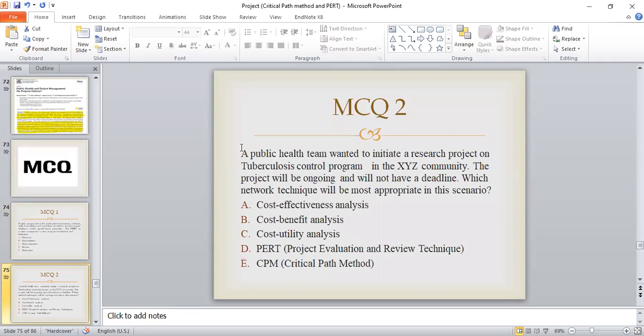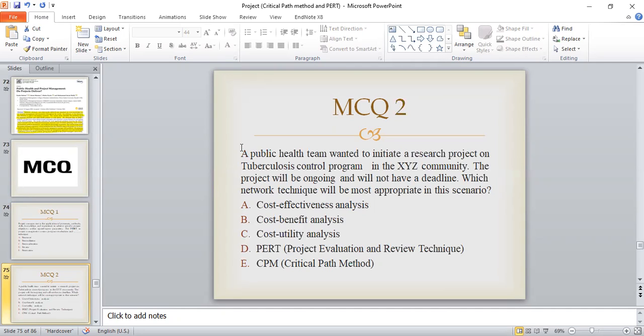MCQ 2. A public health team wanted to initiate a research project on a tuberculosis control program in the XYZ community. The project will be ongoing and will not have a deadline. Which network technique will be most appropriate in this scenario? Alpha, cost effective analysis; beta, cost benefit analysis; C, cost utility analysis; Delta, PERT, Program Evaluation and Review Technique; E, CPM, critical path method.